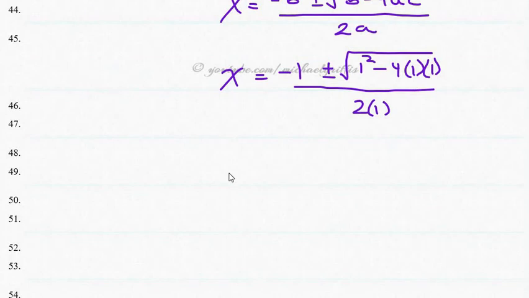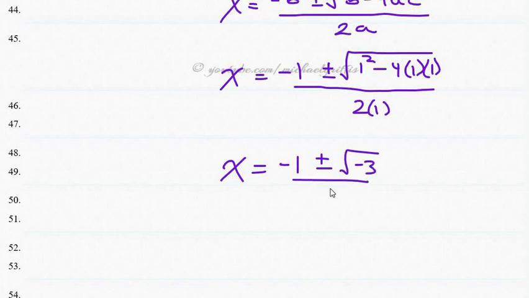So x is equal to negative 1 plus or minus the square root of 1 squared, which is 1, minus 4 times 1 times 1, which is 4. So 1 minus 4 is negative 3, and it's all over 2 times 1, which is 2.